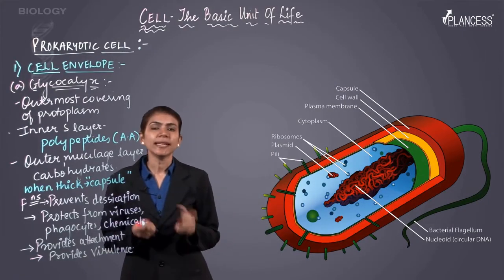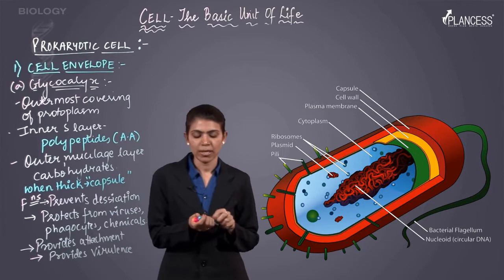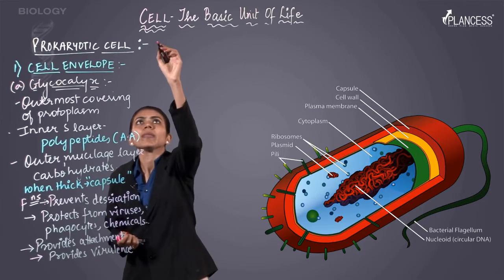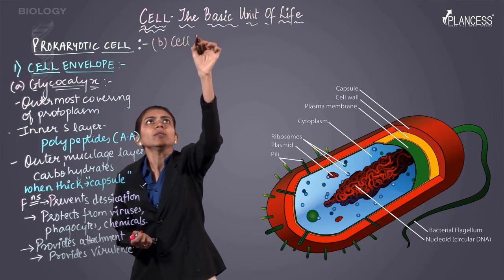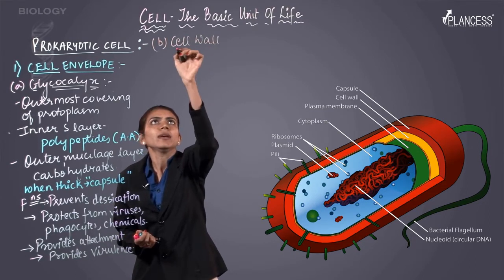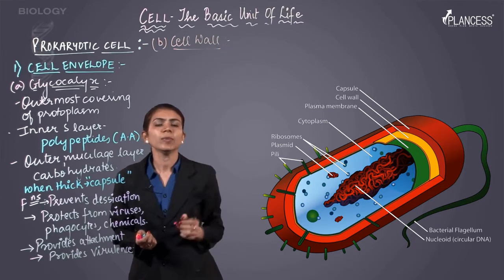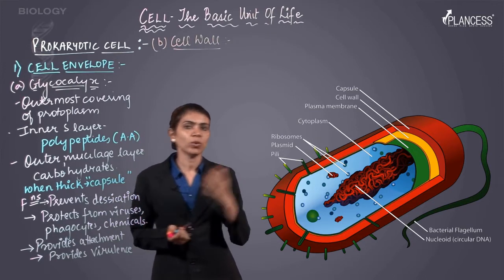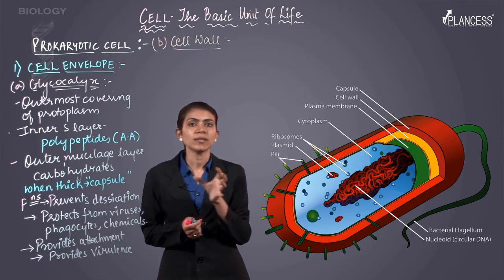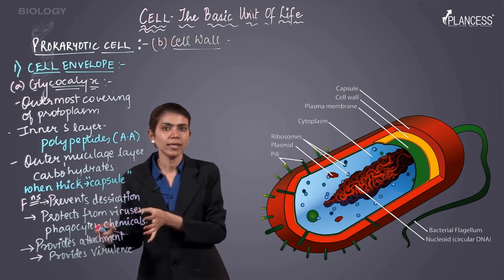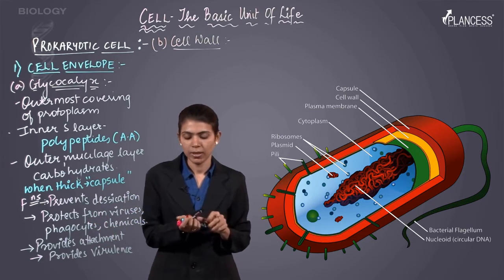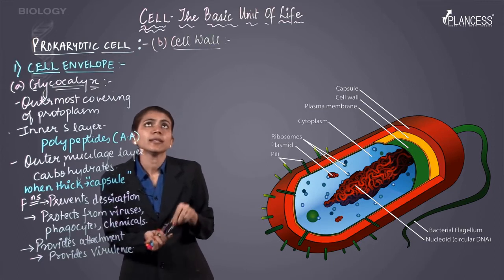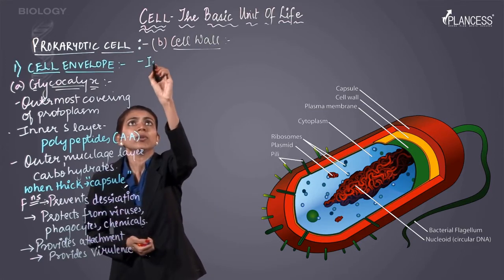We now go on to the second layer of the cell envelope, which is the cell wall. So we have at B the layer called the cell wall. We can see in the diagram that the cell wall lies inner to the glycocalyx. It lies between the glycocalyx and the innermost layer of the cell envelope, which is the plasma membrane.